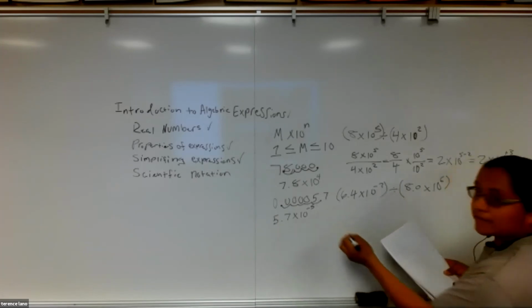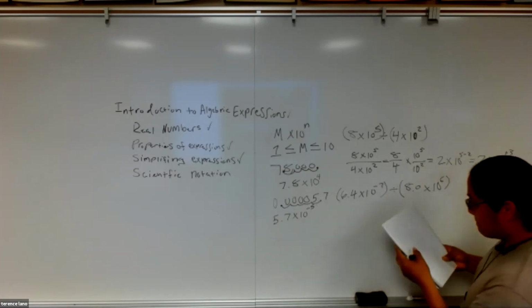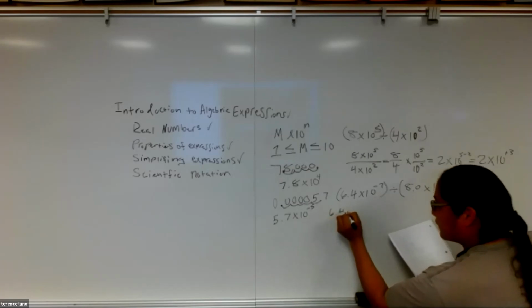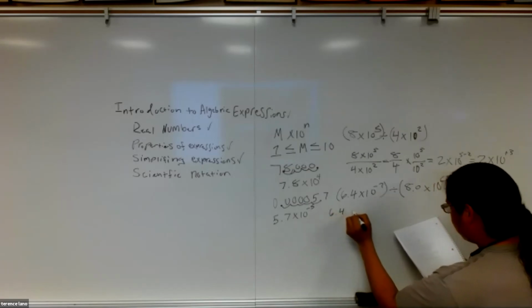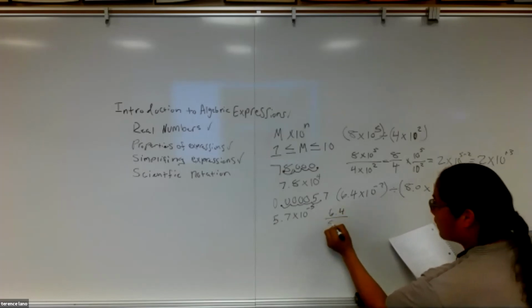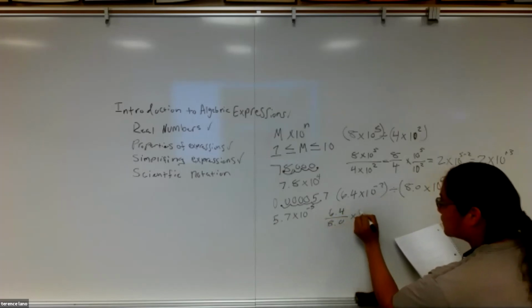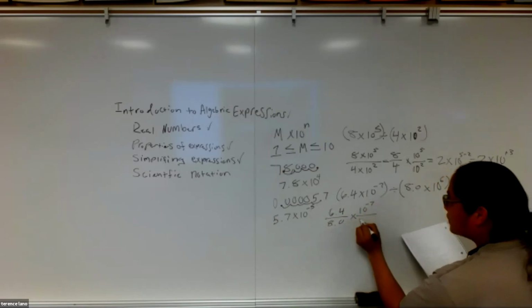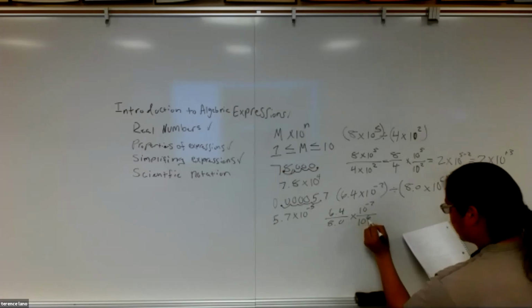It can be written as 6.4 over 8.0 times 10 to the negative 7 over 10 to the 6.